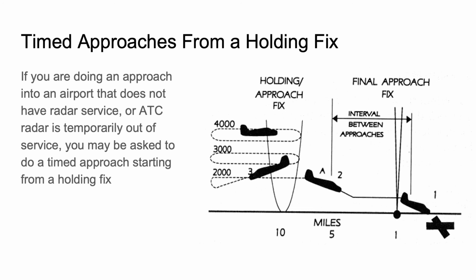And then they clear the bottom airplane for the approach to start at a specific time. And then it's up to that pilot to time their holding pattern so they cross the holding fix at the assigned time, and then they can continue on inbound. Once they're on their way inbound and have reported that, which is a required report, then ATC can move all the other aircraft down. And so everybody waits for their turn to go inbound.